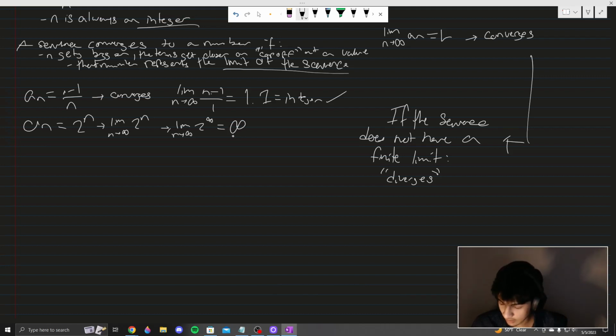So as n gets continually bigger, the terms of the sequence get bigger correspondingly. So since infinity is not a finite value, it diverges.